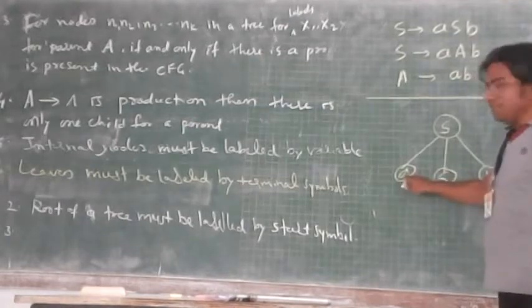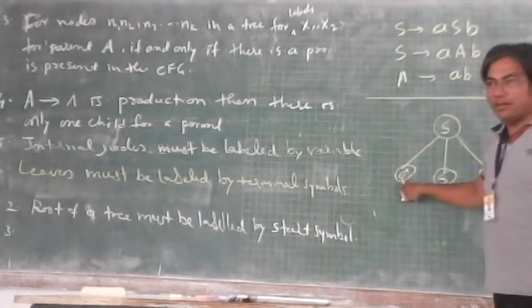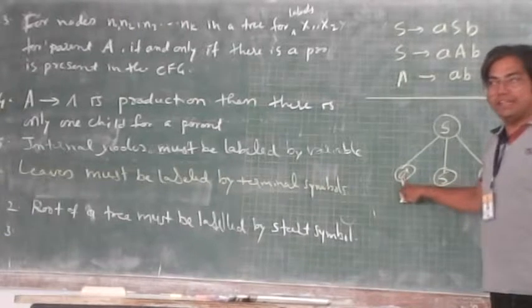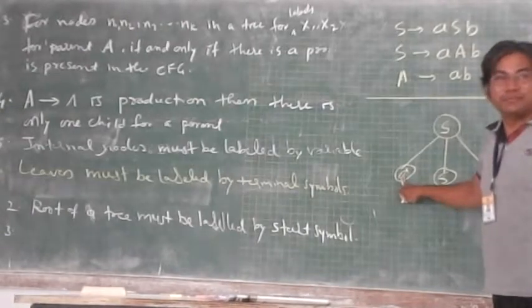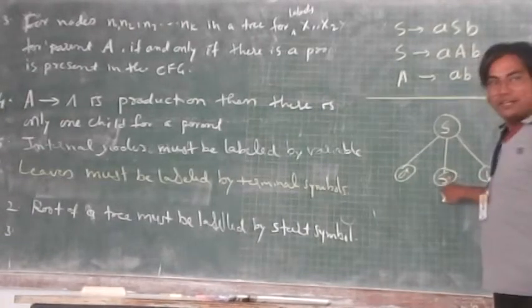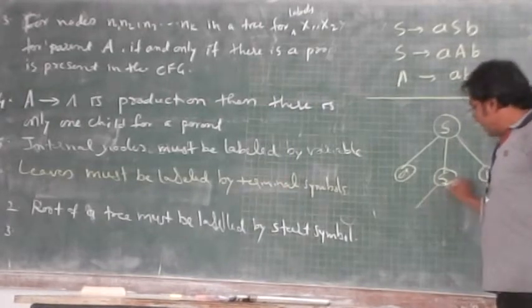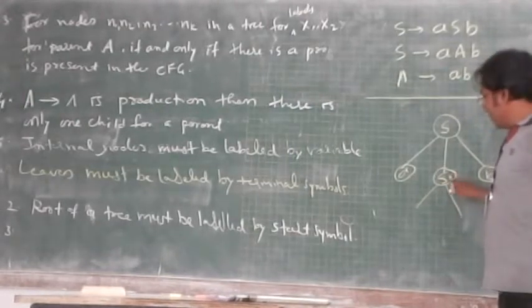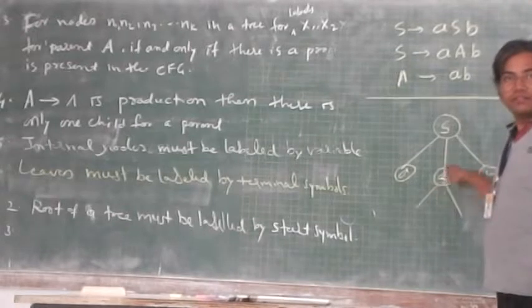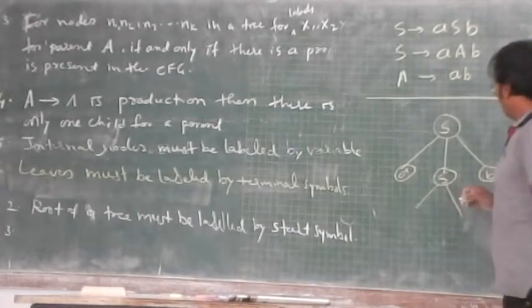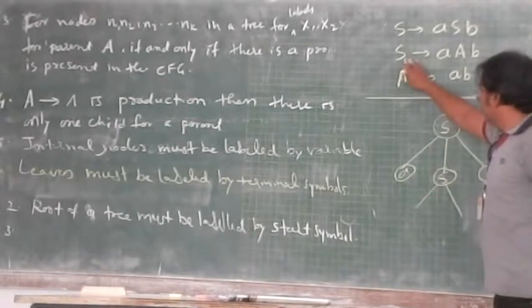Now see, this is a label of terminal. It means that it is a leaf. So this is a non-terminal. I can go for expanding it by substituting the production. Which one can you substitute? Do you want to substitute this one?